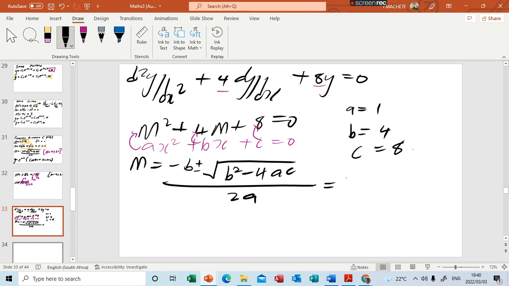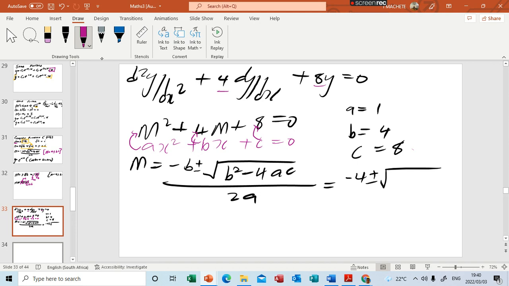Our b is minus 4 plus or minus the square root. You will see, guys, to show that it's a quadratic equation with complex roots, you must compare the values of a and c when you multiply them with 4. If 4ac is higher than your b squared, then you know that it's a complex number because it will give you a negative.